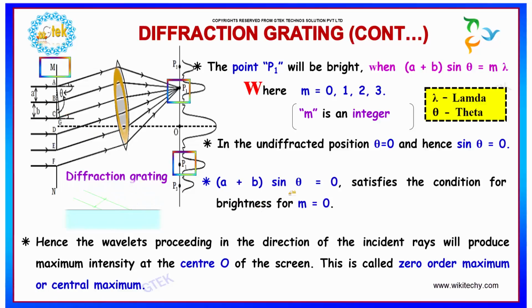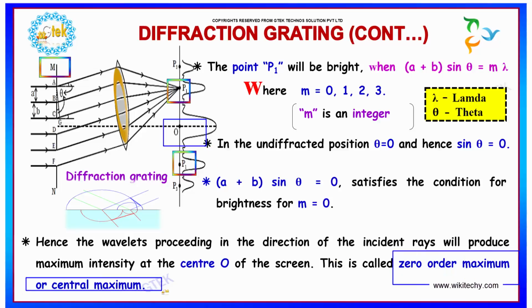So (A plus B) sin theta equal to 0 satisfies the condition for brightness for m equal to 0. Hence the wavelets proceeding in the direction of the incident rays will produce maximum intensity at the point O of the screen, and this is called the zero order maximum or central maximum.